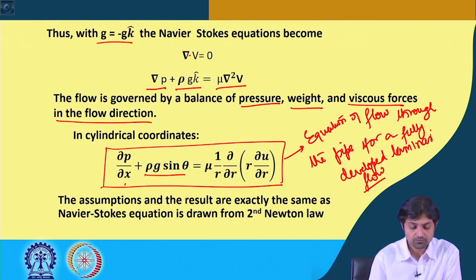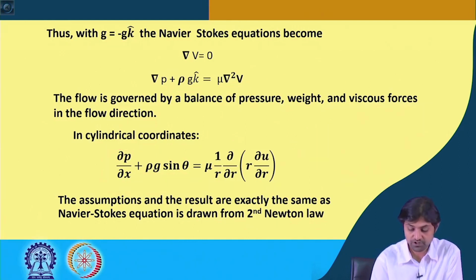Okay. So here the assumptions and the results are exactly the same as the Navier-Stokes equation, which is derived from Newton's second law, just written in a more differential form.